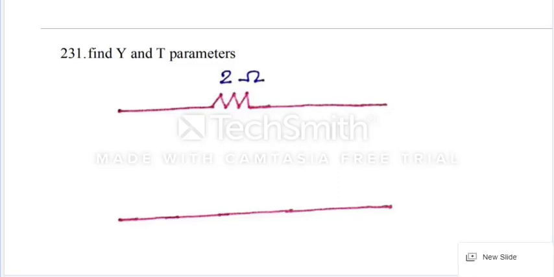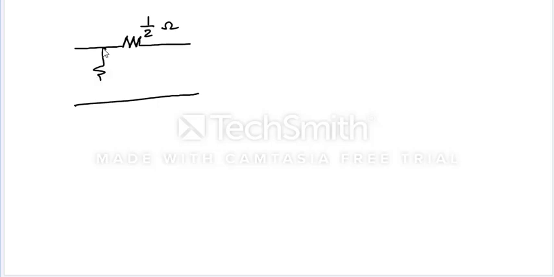So here, this is the network I am assuming. So I can assume this in mhos, meaning 1 by 2 mho now here. Now here we have impedance, and this is open circuit. Now how much is the impedance here? Infinity. So I can say admittance, sorry, mho here also.